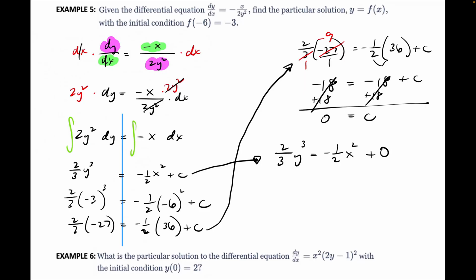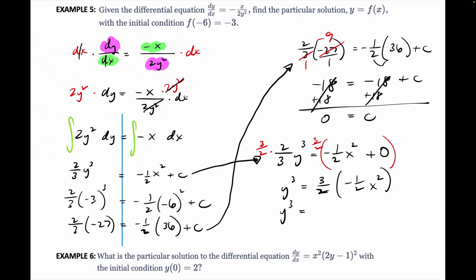Okay. Last thing, get y by itself. Multiply both sides by the reciprocal. So you're going to get y to the third equals 3/2, really just times -1, because you don't have to multiply it times 0.